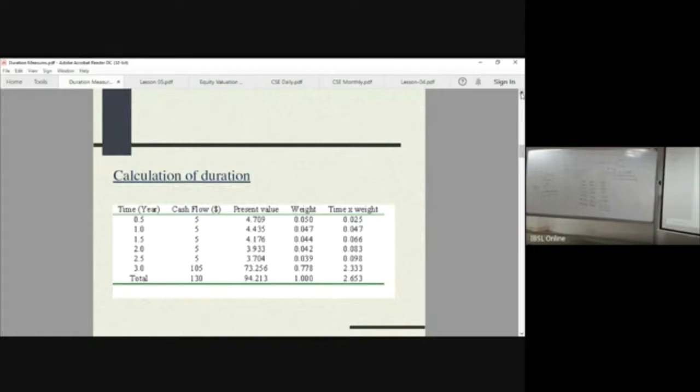Then you get 0.047. Then you get 0.099. And what is the convexity then, total?